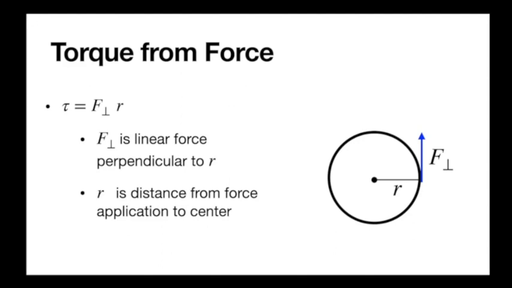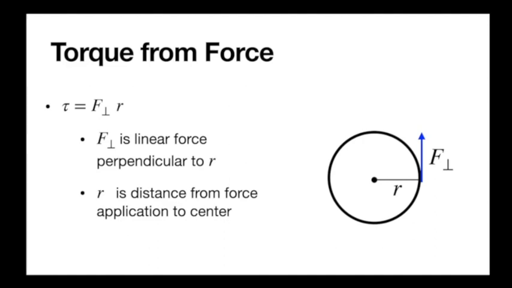If I push on the wheel very close to the center, with a small r, with some force, it causes some torque and some change in angular momentum. But if I apply that same force, and you just have to trust me that it's the same, with a larger r, closer to the rim and further from the axis of rotation, I get a much larger change in angular momentum, or a much larger torque.